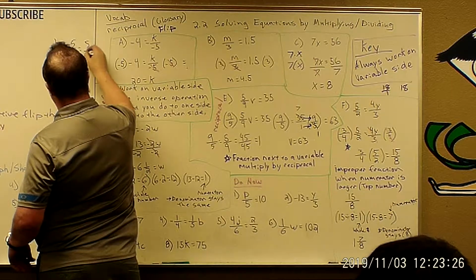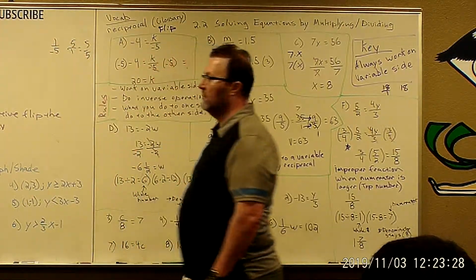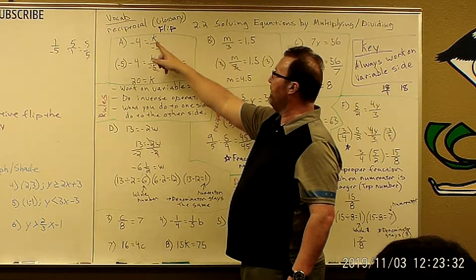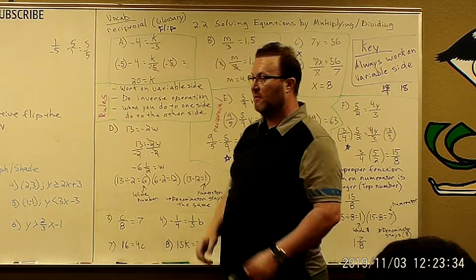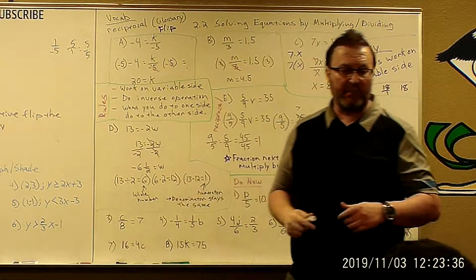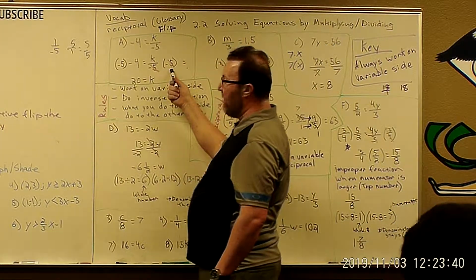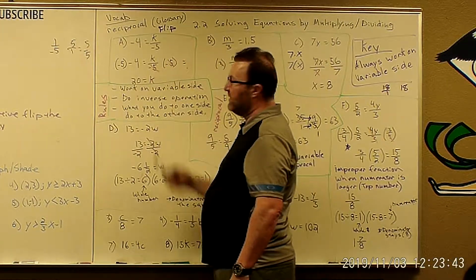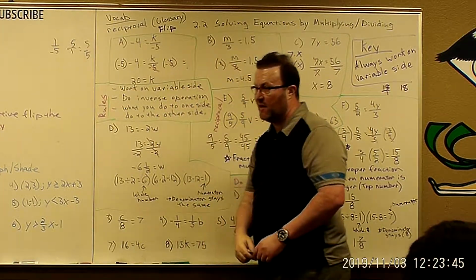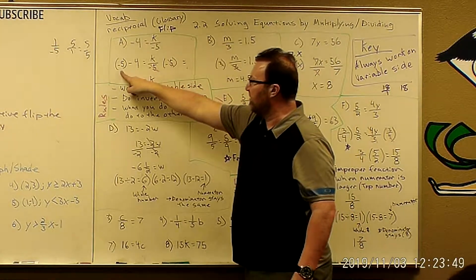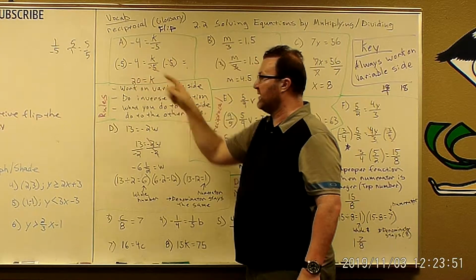If we multiply this, what's our answer? 1. What's in algebra when we have a variable that we can't see? A 1. So there's always a value of at least 1. And that's why multiplying by 5 on both sides cancels this out and gets the k by itself. So, fraction, we multiply both sides by -5, multiply these out, k is 20.